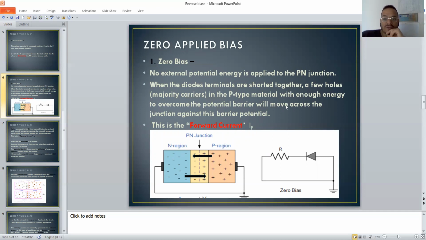And what is this kind of current? It is the forward current. What is the forward current? IF is the current generated by the movement of holes in the P region when they try to cross the barrier junction to reach the next side.